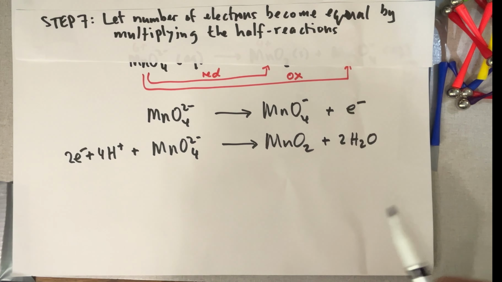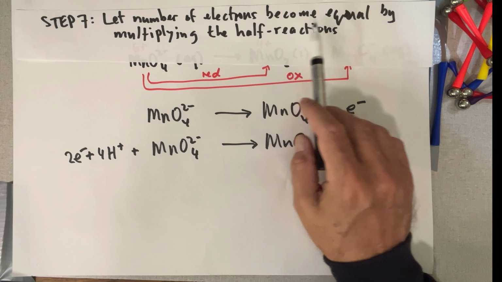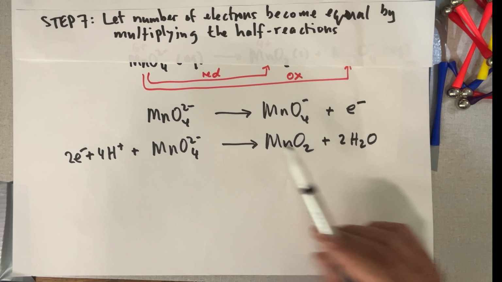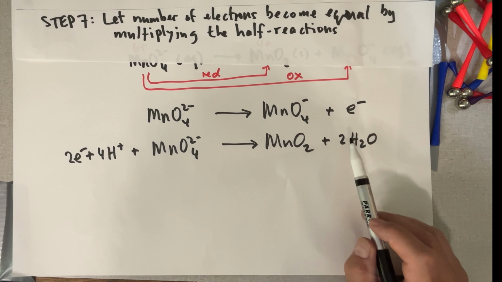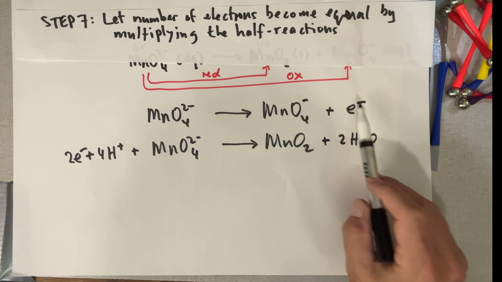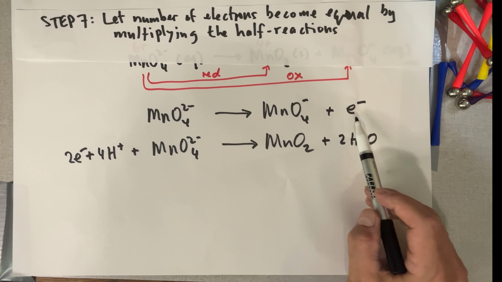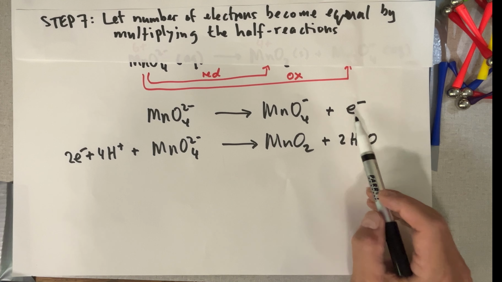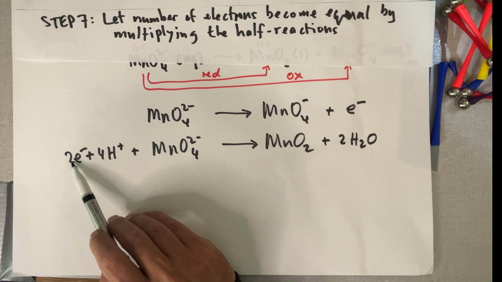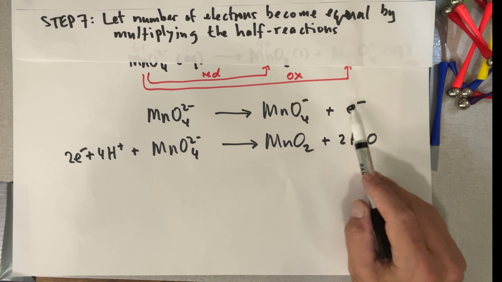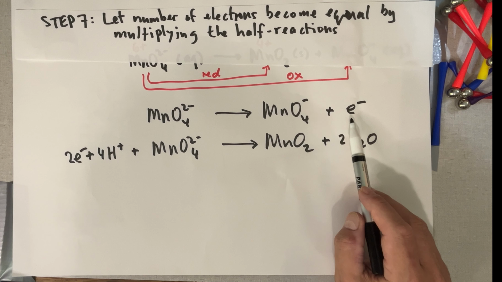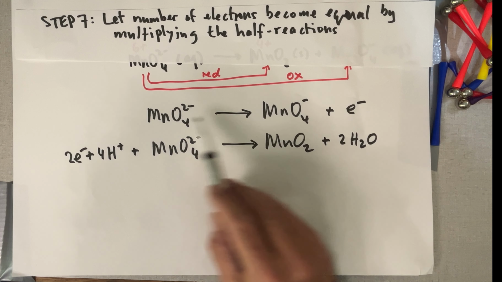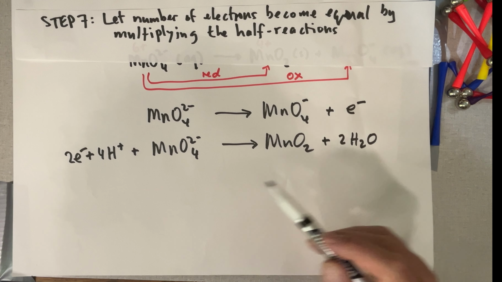Step number 7. Let the number of electrons become equal by multiplying the half reactions. So what that simply means is that you need to balance the electrons. Now here you have 2 electrons, here you have only 1. That means this reaction in its totality must be multiplied by 2.